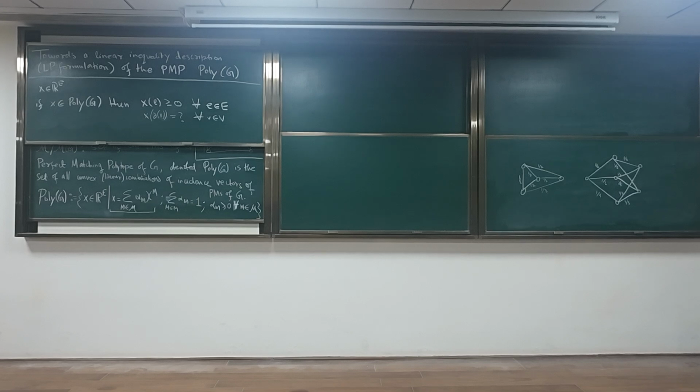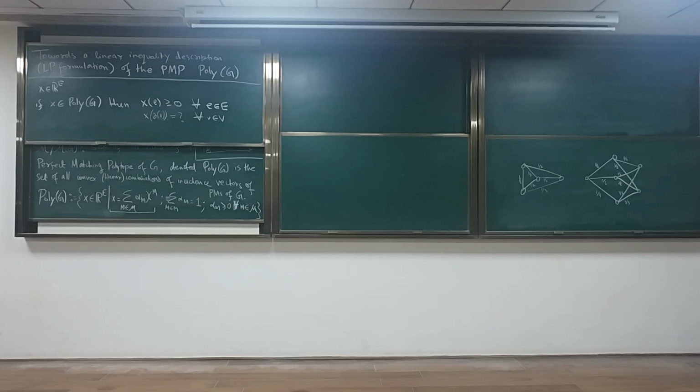If all the alphas are non-negative, and the sum is equal to 1, then it's a convex combination. Now I'm giving you a vector in the polytope, so it is a convex combination of perfect matchings.